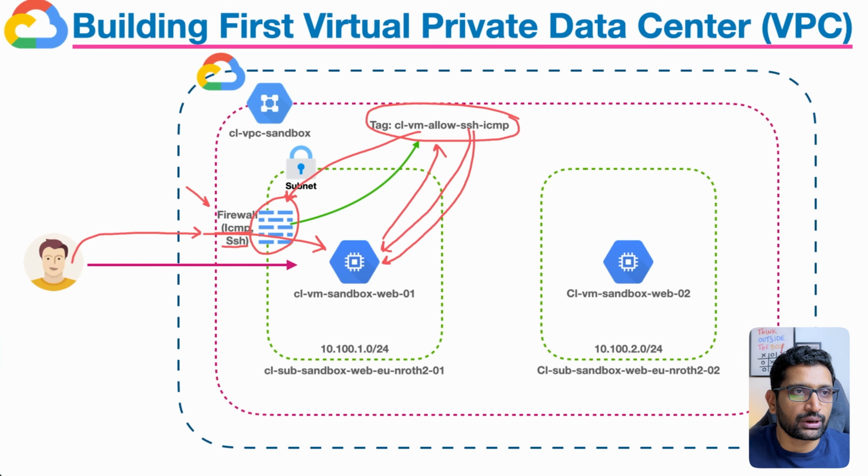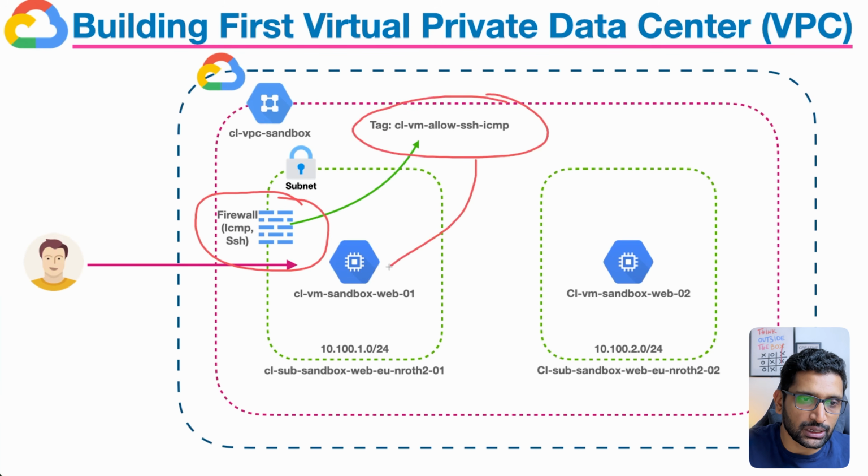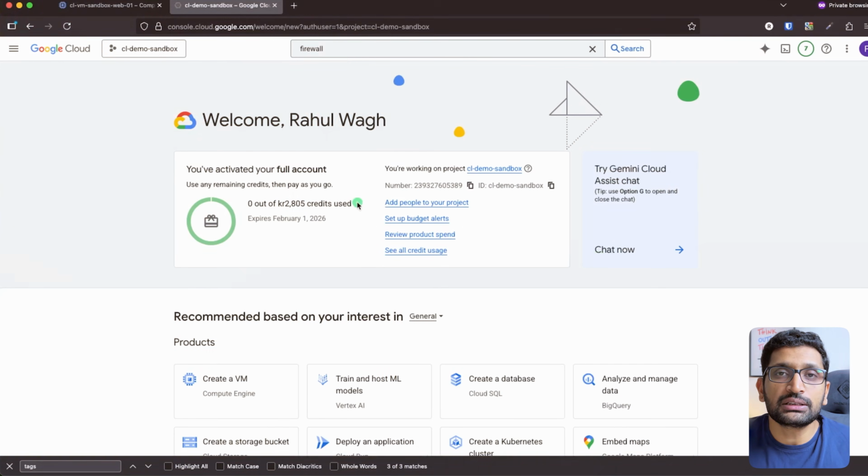So the key thing over here, let me erase all of it, is we need to create a proper firewall rule, and we need to create one tag. The same tag we need to assign over here so that we can access this virtual machine from my personal laptop. Let's create the firewall.